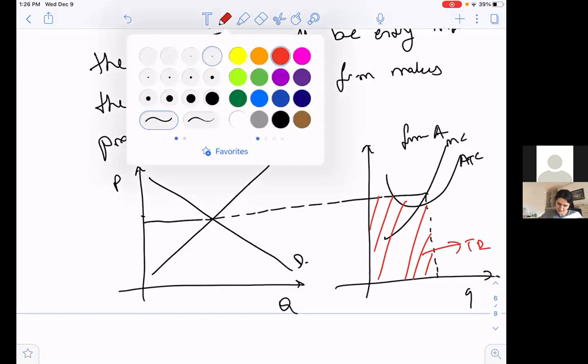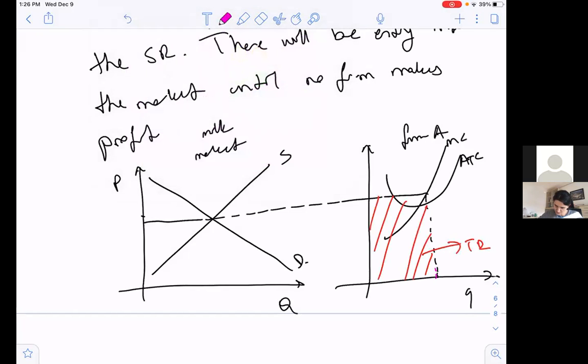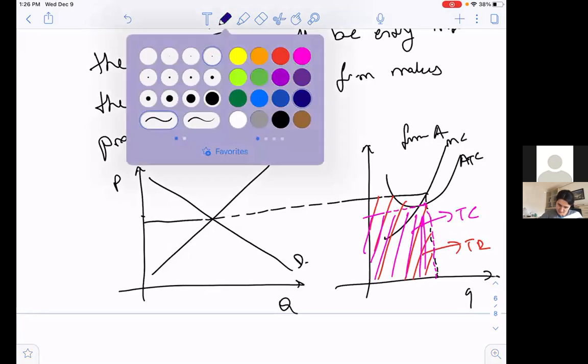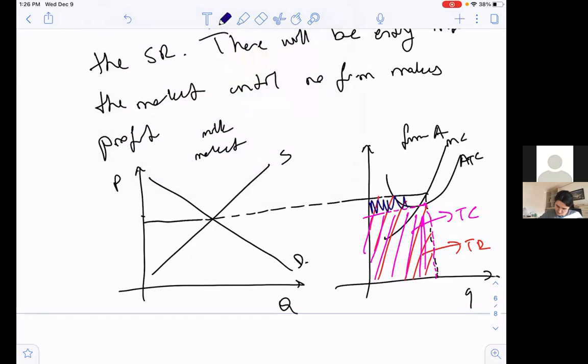Then you go up to the ATC curve, and this part is total cost, and this purple area is profit.